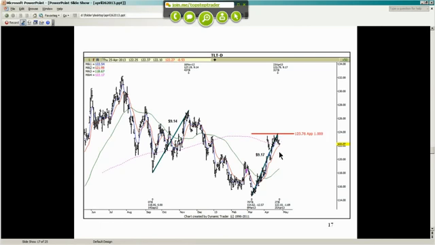Now, initially, we did see a decline off of here. I'd have to go back to the current chart to see if we are actually close to taking that out at this point. Okay, if we do take it out, that votes for a continued rally. So we did have a failure and a nice little short-term short against this area. But now if it comes back through it, you'd be stopped out of the short side.